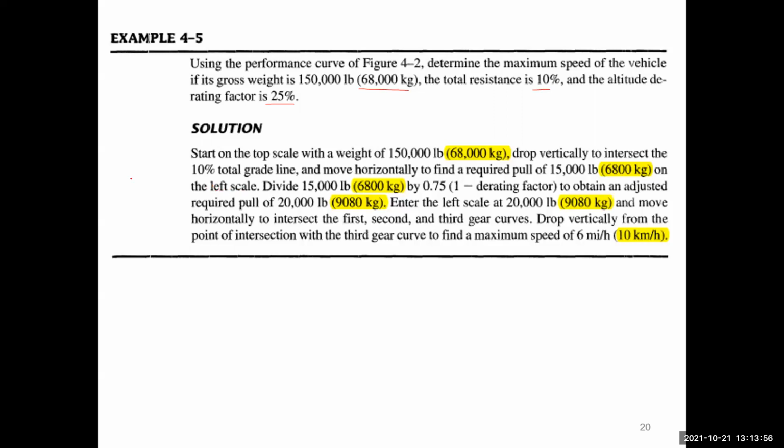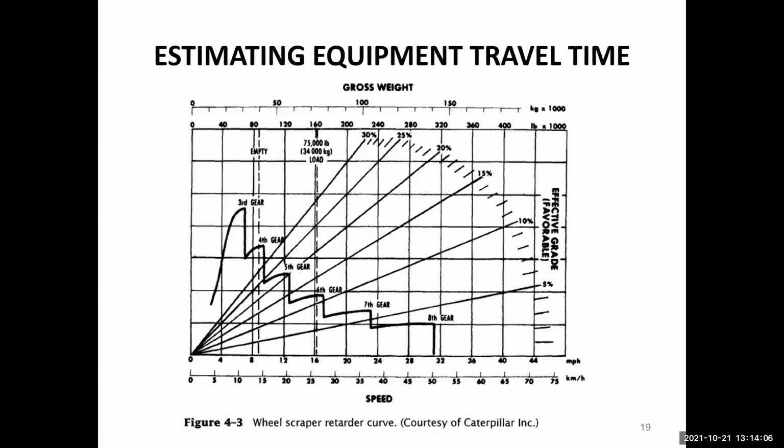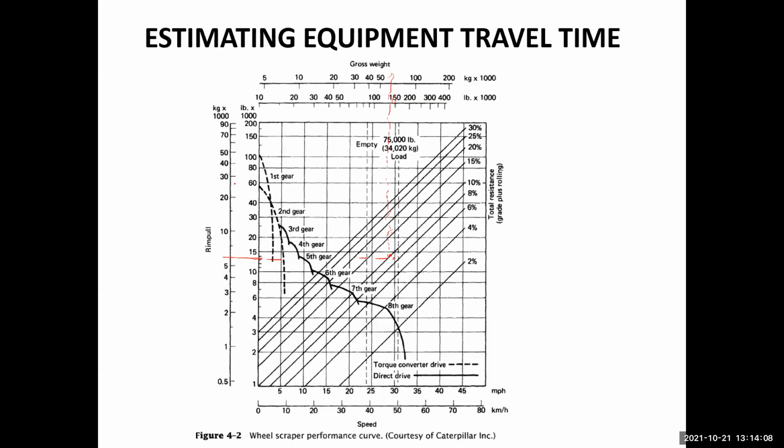So we need 9,080 kilograms over here. From here we can move across and intersect the first gear, second gear, and third gear lines.